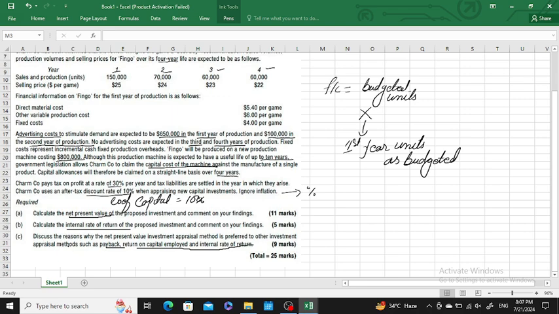For example, your payback period and your accounting rate of return are non-discounted cash flows. Therefore, you only consider your discounted cash flows, net present value and internal rate of return, because these consider the time value of money. We will discuss this theoretically when we reach part C. Firstly, I think we should continue with part A and part B.